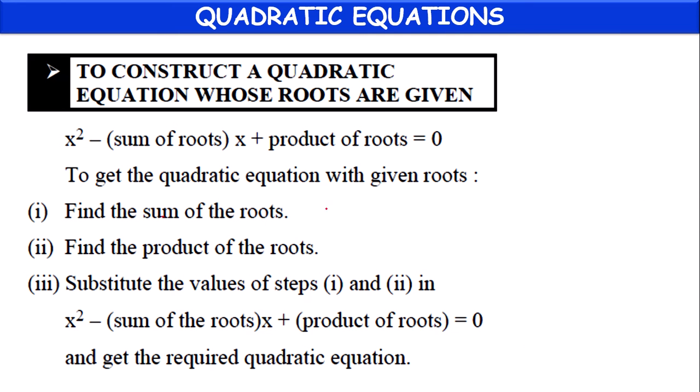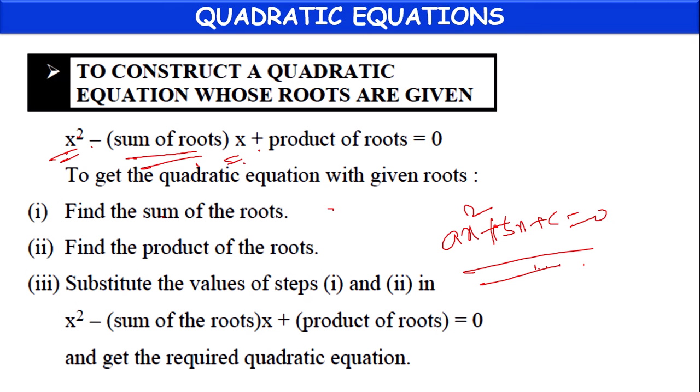So the general form of a quadratic equation is ax square plus bx plus c equal to 0. This is one form. Or we have also another form, which is x square minus sum of roots into x plus product of roots equal to 0. This is the other form based on roots for a quadratic equation.